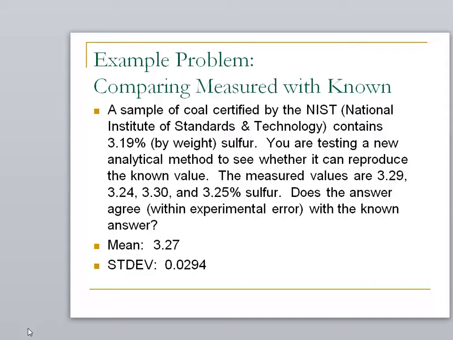They have received the coal sample in the laboratory, and the COA basically says this is 3.19% sulfur. So when we do our testing, we should get something close to 3.19. But we know it's not going to be perfect. We know we're not going to get the true answer. We can get close, but probably we can't be spot on.